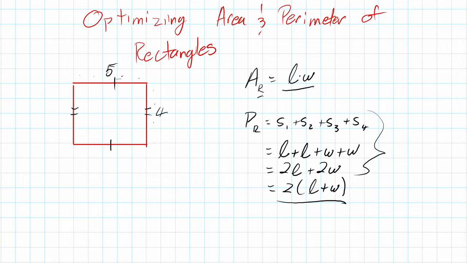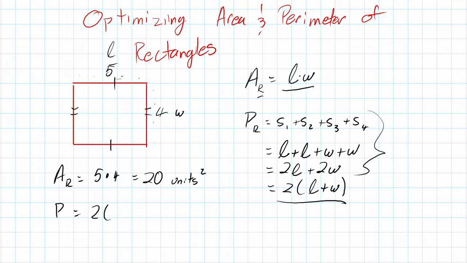So quick reference here, the area of this specific rectangle, our length, we'll say was 5, and our width is 4. So we go 5 times 4, and that's going to give us 20. I don't have meters or anything. We're just going to say units squared, okay? And the perimeter of this one, we're just going to use that formula, which is 2 times the length, which was 5, plus the width, which was 4.